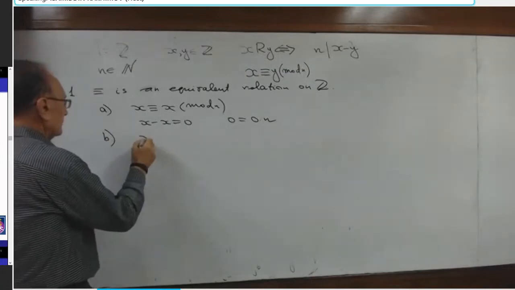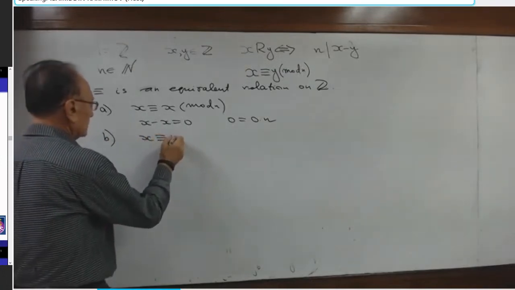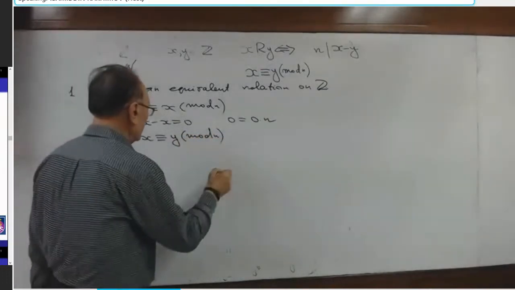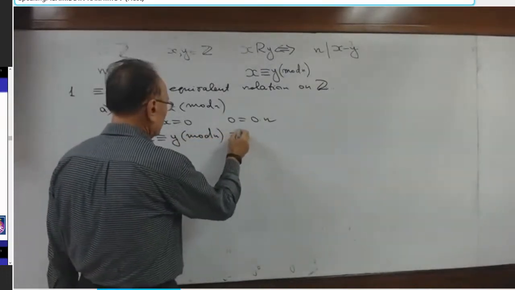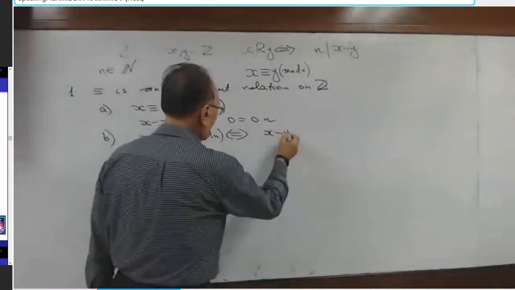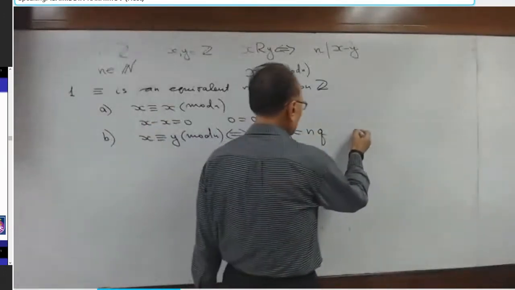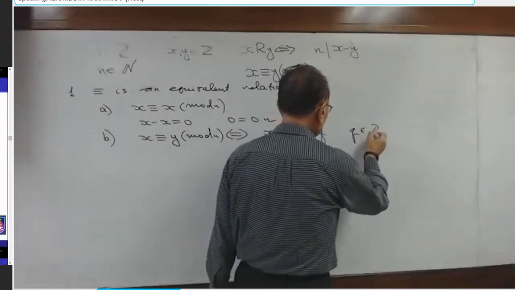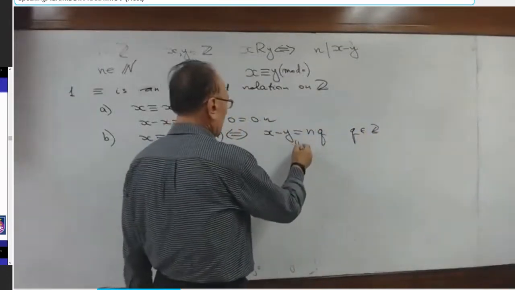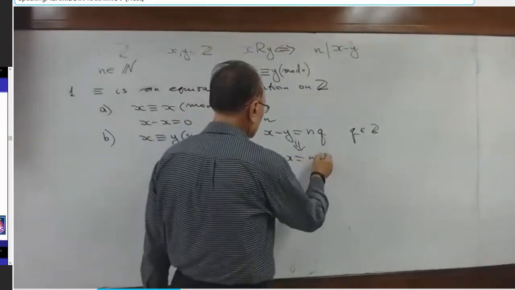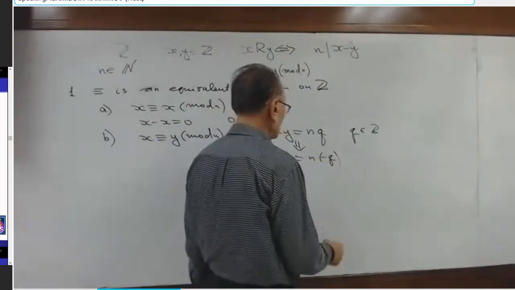B, symmetricity. If x is congruent to y mod n, that means x minus y is divisible by n, so x minus y is nq, where q is an integer. Then y minus x I will write as n times minus q.